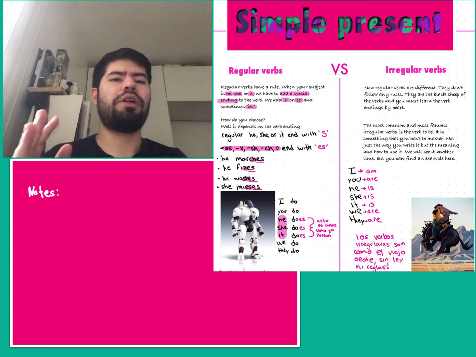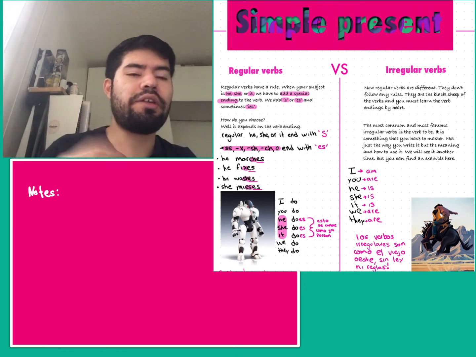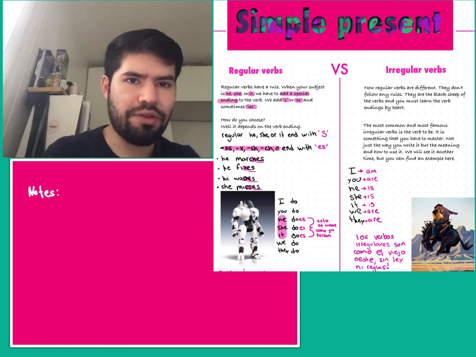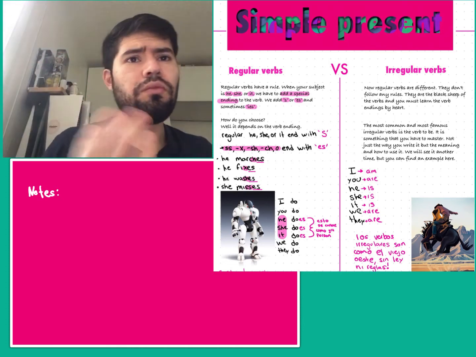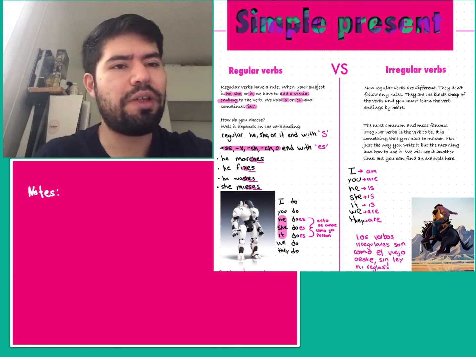Lo voy a explicar poco a poco. Entonces tenemos nuestros verbos regulares e irregulares, el verbo to be siendo uno de ellos. Ahora, nuestros sujetos que generalmente usamos para toda la vida son I, you, he, she, it, we, they, como lo podemos ver aquí.